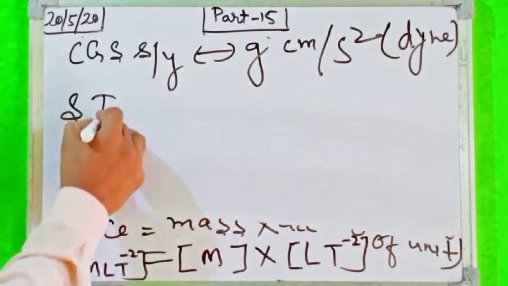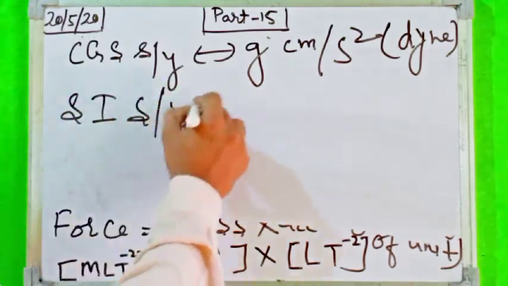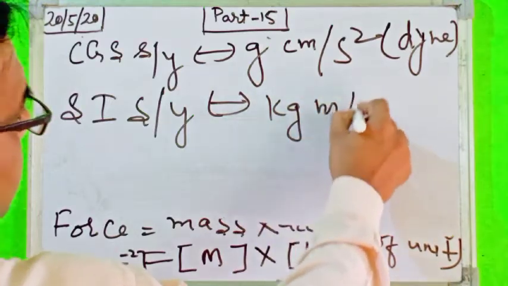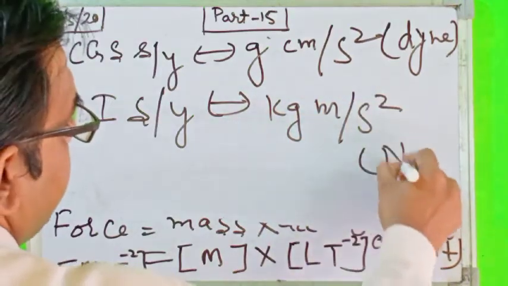And in the SI system, it is kg meter per second square, and it is called Newton.